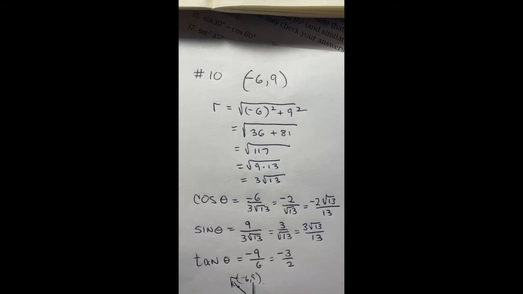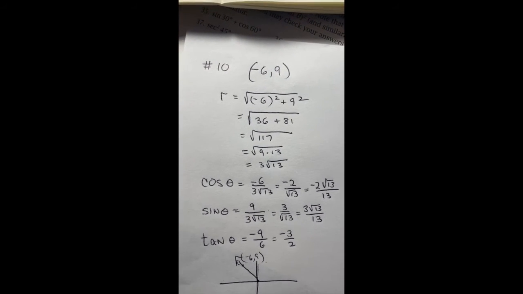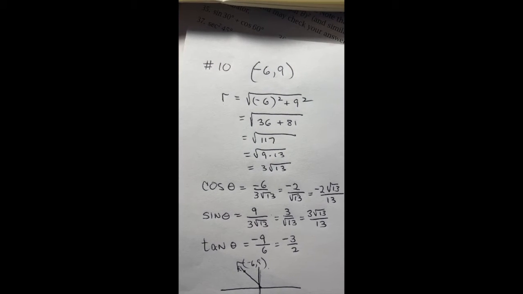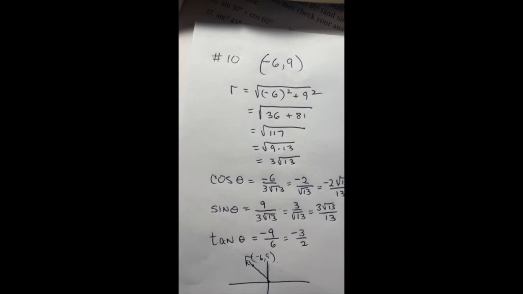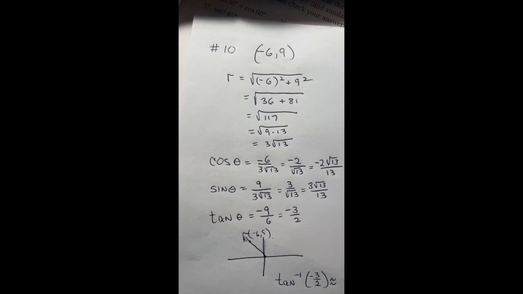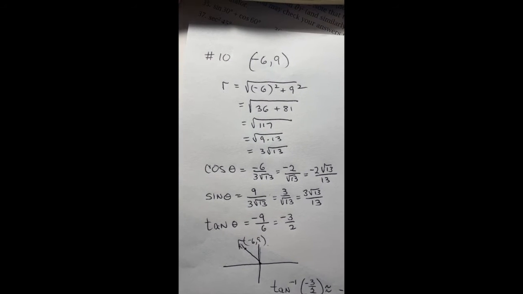But again, I'm going to take it one step further and say here's the tangent of theta, which is negative 9 over 6. I'm going to simplify it to negative 3 over 2. I'm going to draw the angle and see that the terminal side of the angle is actually over in quadrant 2.